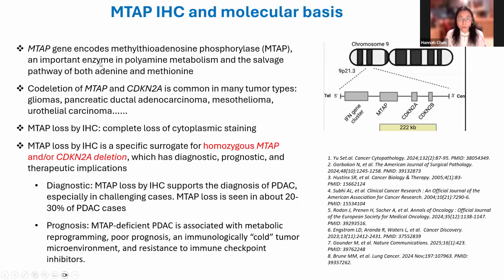The MTAP gene encodes the so-called methylthioadenosine phosphorylase, the MTAP protein. It is a very important enzyme in polyamine metabolism and the salvage pathway of both adenine and methionine. This gene is located on chromosome 9 at locus 9p21.3.